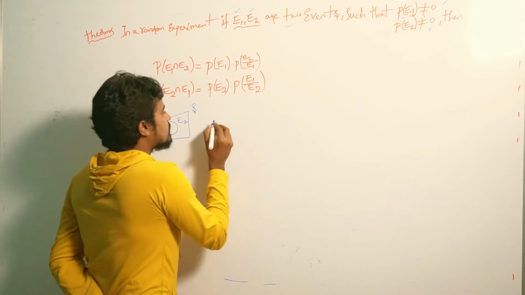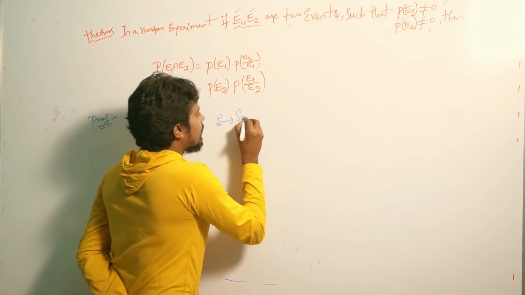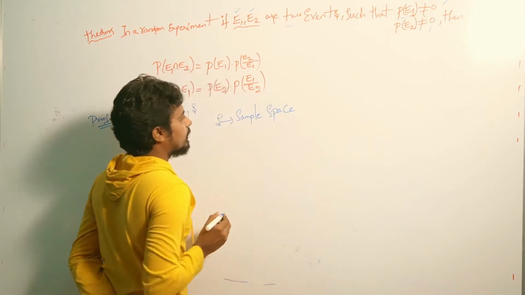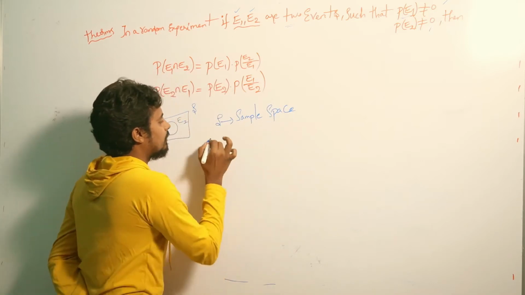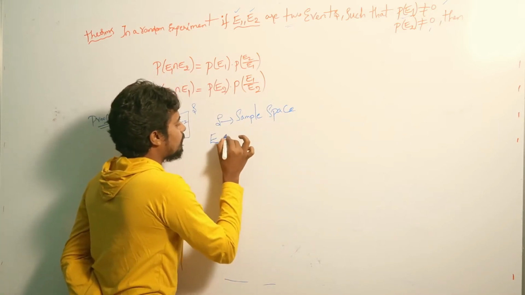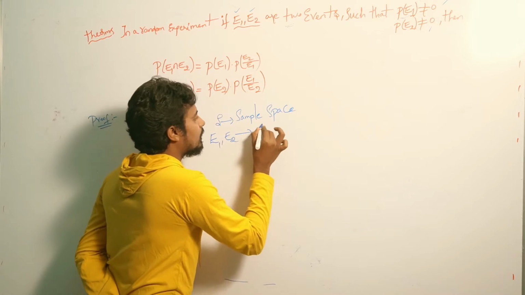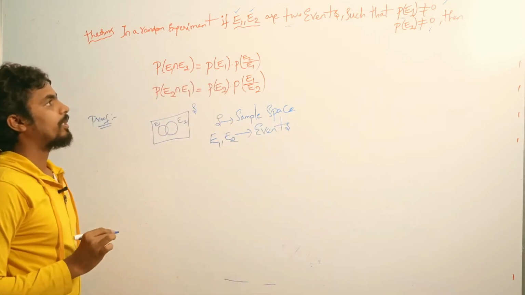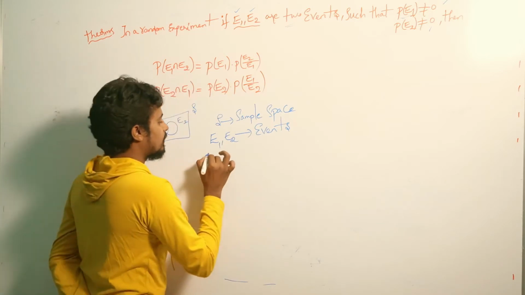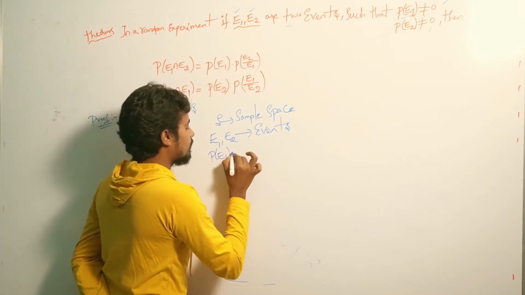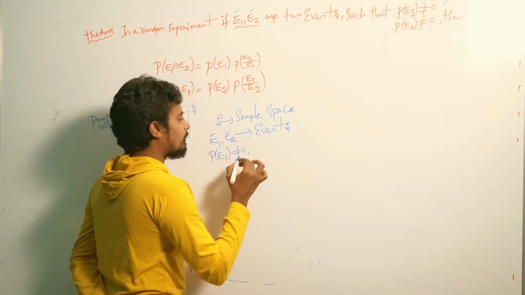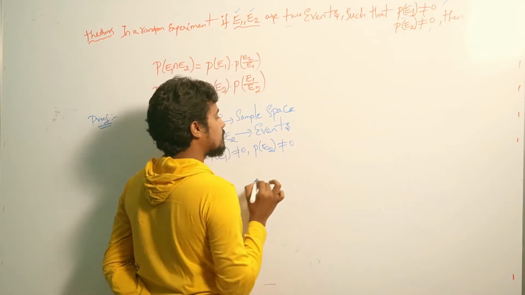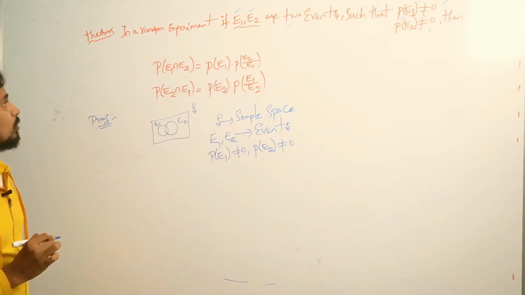Here S is the sample space, and E1, E2 are the events, such that P of E1 is not equal to 0 and P of E2 is not equal to 0. And how to solve this?